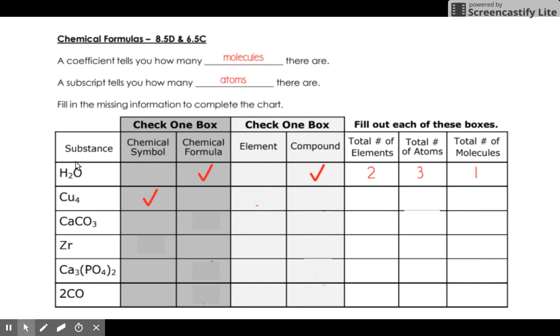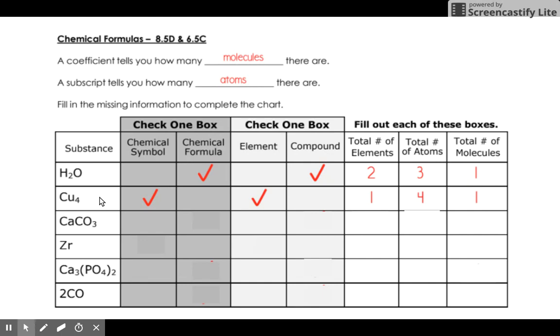It is an element because there's just 1 element present. There's a total of 1 element present. There's a total of 4 atoms because of the 4 indicated. And there is 1 molecule because there is no coefficient in front. Let's look at the next one.